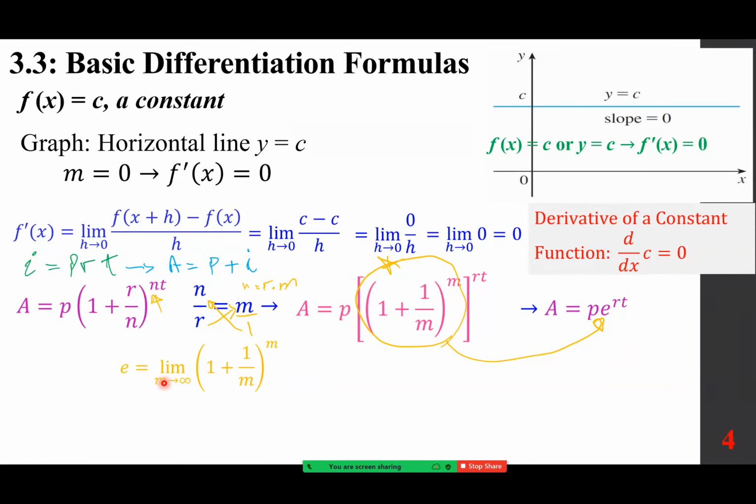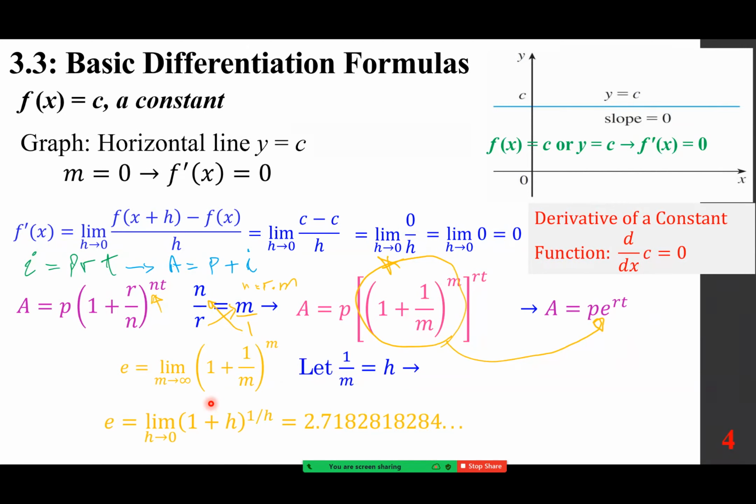As long as these two are the same, you can use any variable. If we let 1 over m be h, then m will be 1 over h. When m goes to infinity, 1 over m or h goes to 0, which gives rise to this expression.